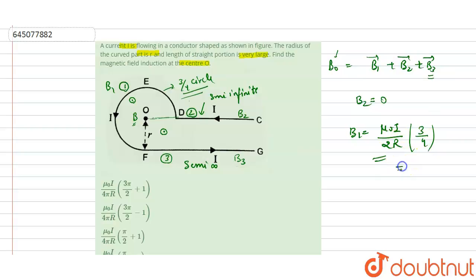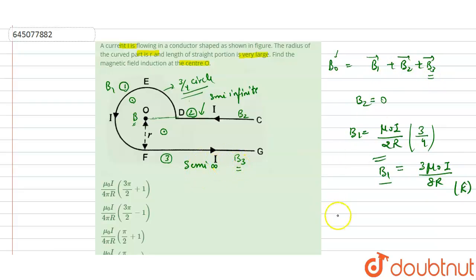So this will be equal to 3 mu naught I divided by 8R. This is the magnitude of B1 and it is in upward direction. Now let us say this as K cap. So now we will find the magnitude of this B3.